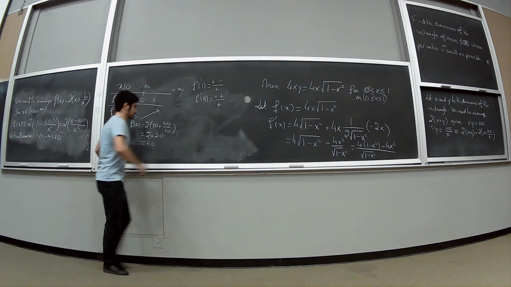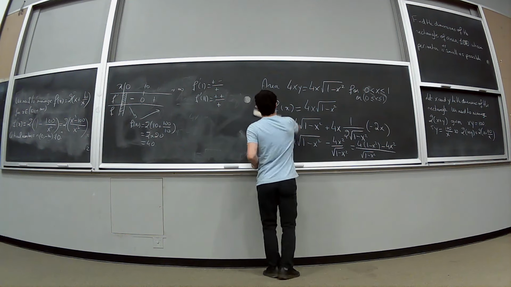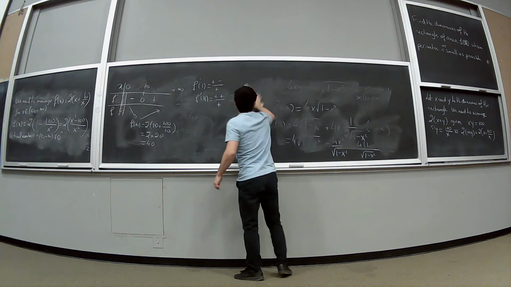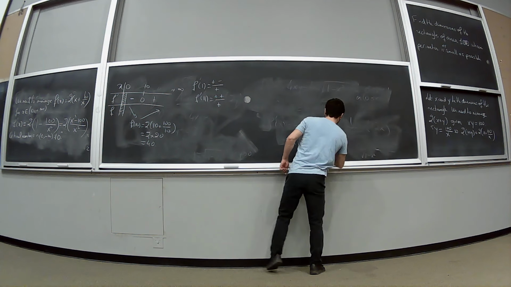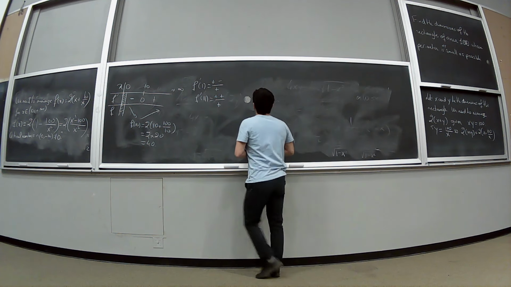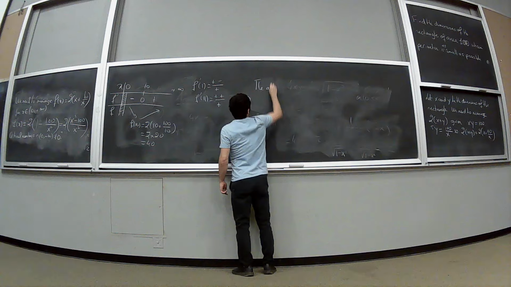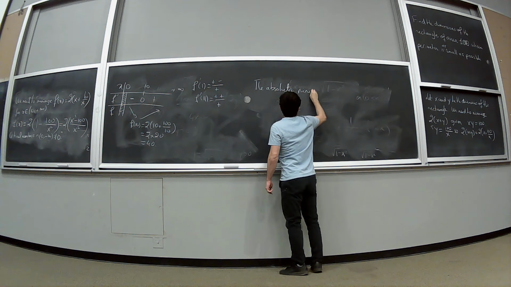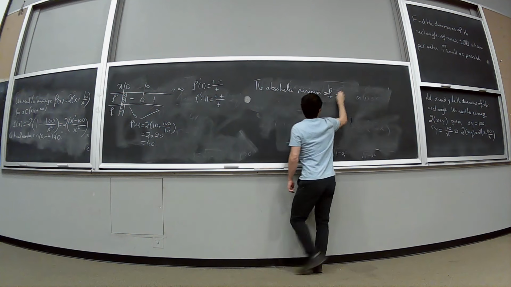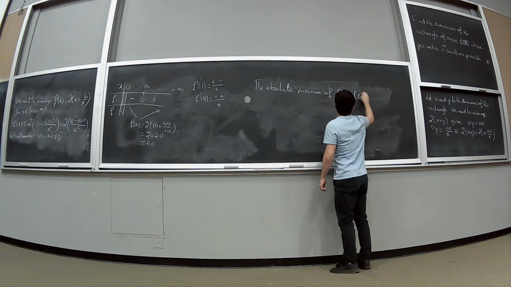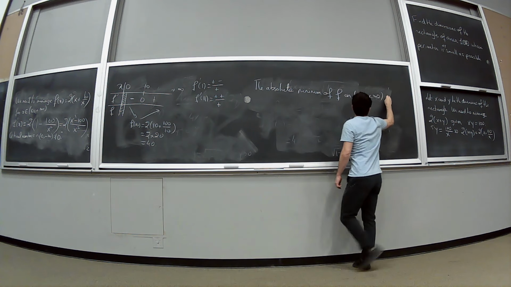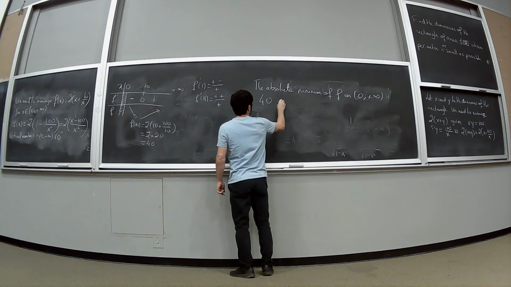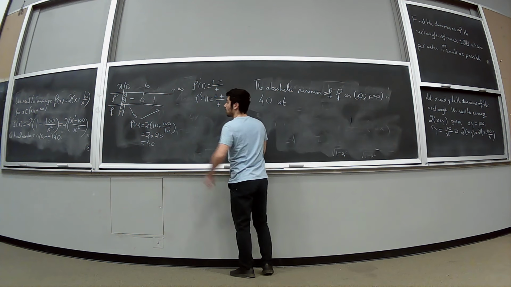So, the absolute minimum of f on 0 to infinity is 40 at x equal 10.